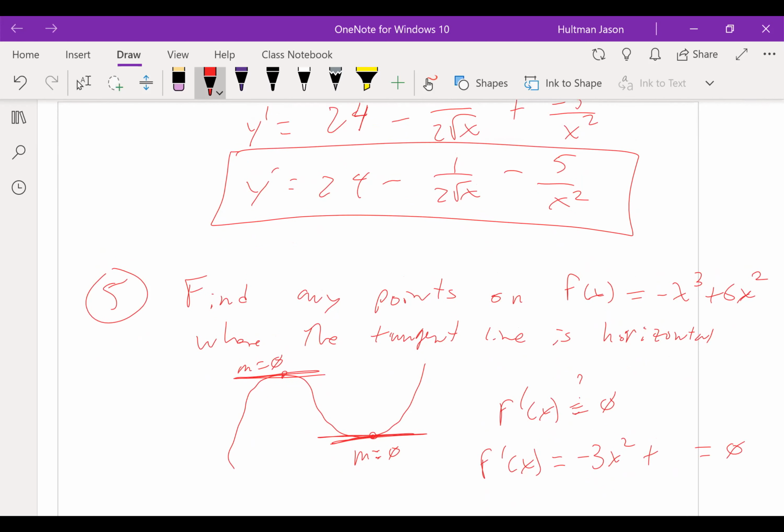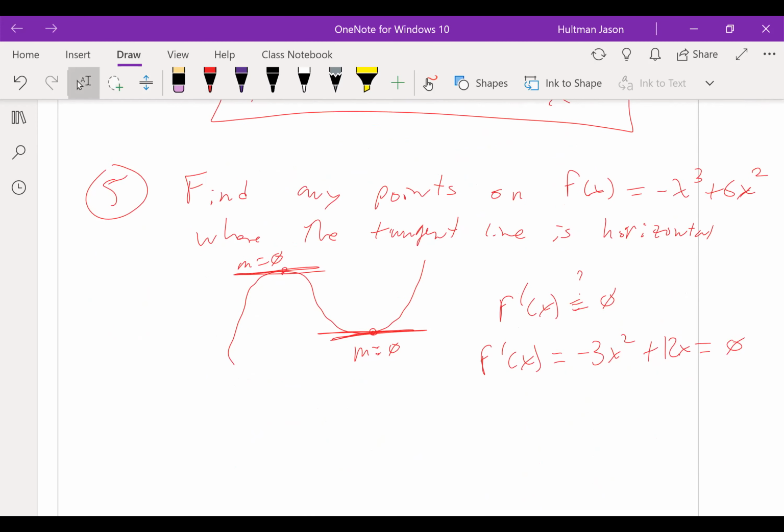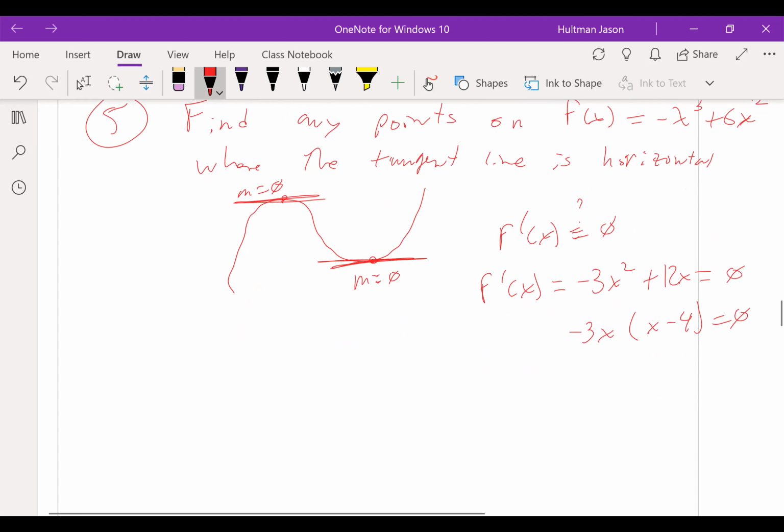Okay, the derivative of 6x squared is 12x. Now I can factor out a negative 3x, and this becomes x minus 4 equals 0. Okay, so two things that could get me 0 here. One is negative 3x equals 0. If this thing is 0, then that goes to 0.